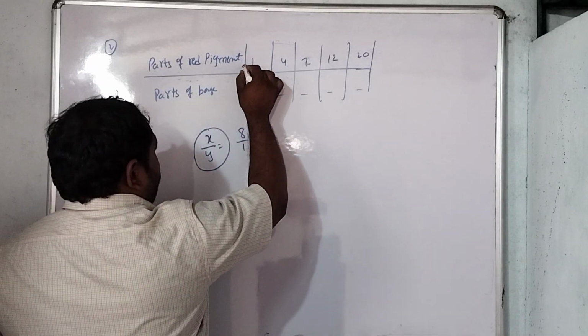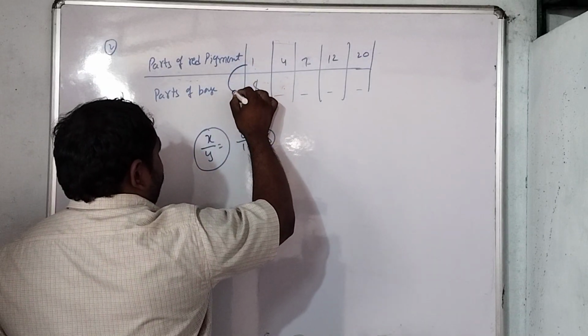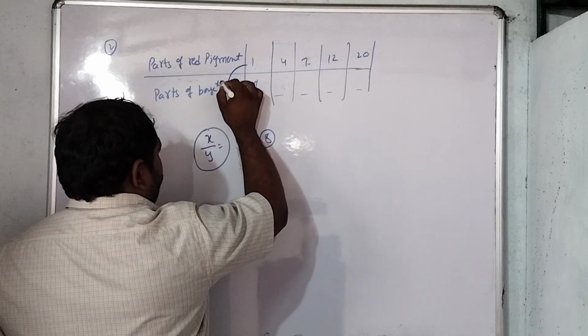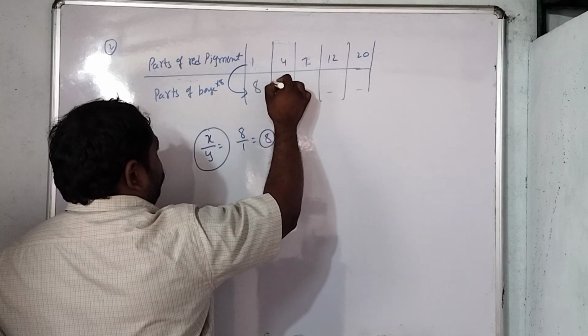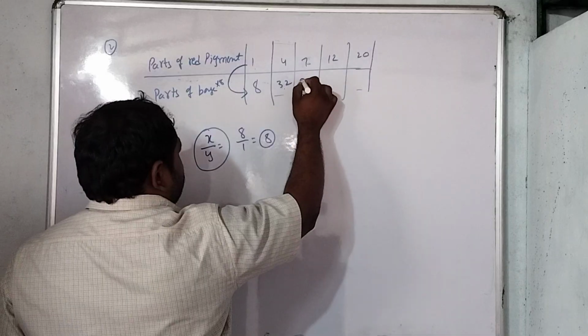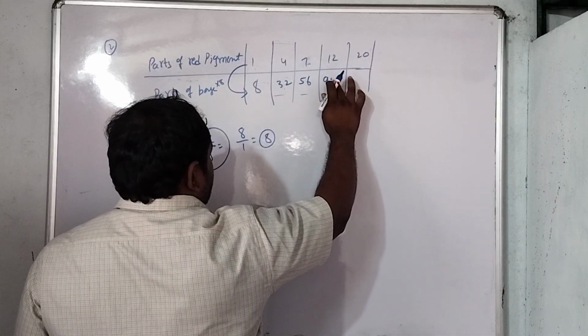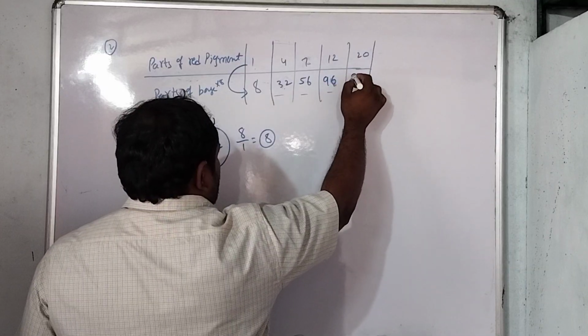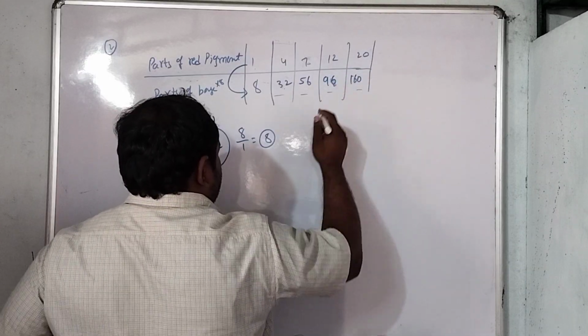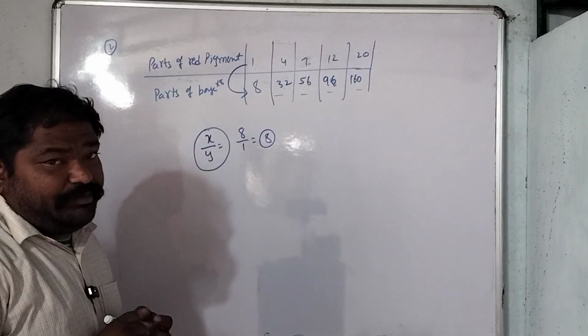Otherwise, you can check it this way also. 1 into 8 becomes 8. Therefore, 4 8s are 32, 7 8s are 56, 12 8s are 96, 20 8s are 160. You may answer like this also. Why?